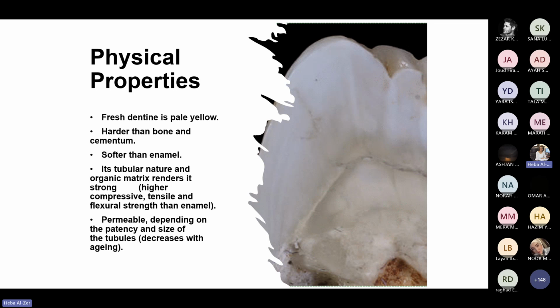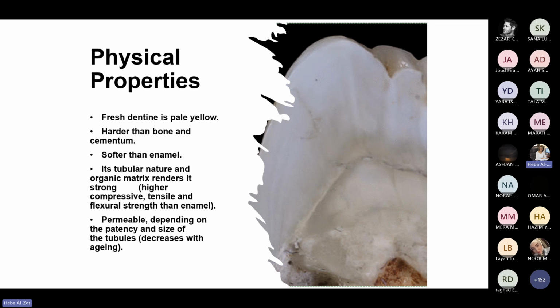We'll see them in a minute, lying in a mineralized collagen matrix. It has higher compressive strength than enamel, a higher tensile and flexural strength. If you don't remember what these expressions means, please go back to the enamel lecture and see the video that explains all these physical terms to you.